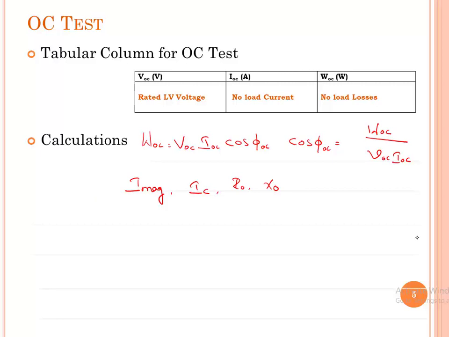To determine the formulas for magnetizing current and core loss current, let me draw the phasor diagram. Horizontal line, along the horizontal line I'll take the flux phi m. By an angle 90 degrees we'll get the phasors E1 and E2. Exactly opposite to this we'll get the V1 dash. Along phi m we'll get the current I magnetizing. Along V1 dash we'll get the core loss component.